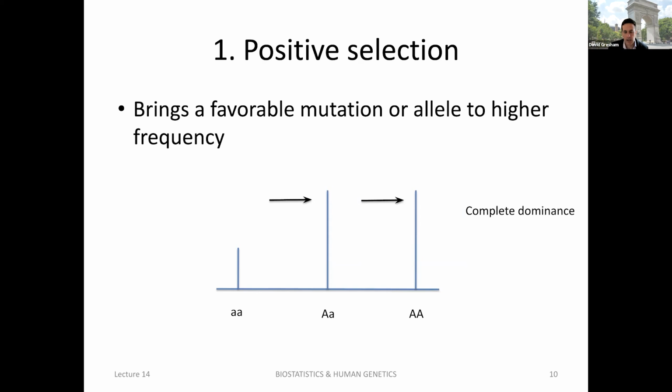And this can occur either in this scenario of complete dominance or even where the heterozygote is intermediate, so it has a fitness less than the big A homozygote, but it's still more fit than the little a homozygote. In this case, this is going to drive the big A allele to increased frequency in the population.